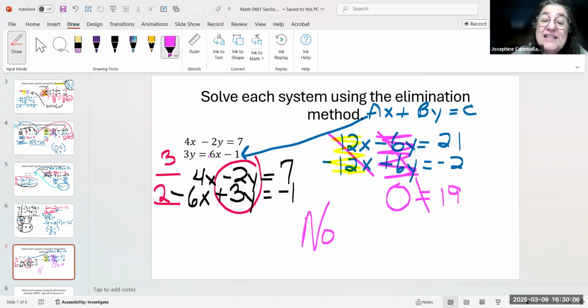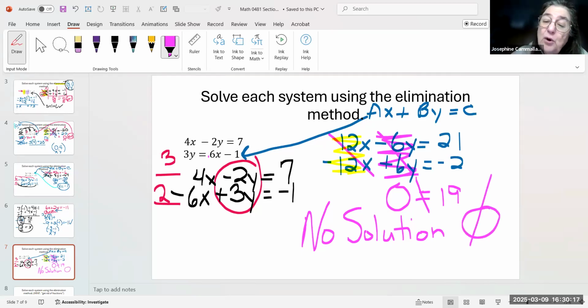This is a no solution. You don't have to go any further with it. It's done. Or sometimes they put the 0 with the slash through it. If both x and y eliminate, and you have a number on the other side, then you have a no solution. Okay?